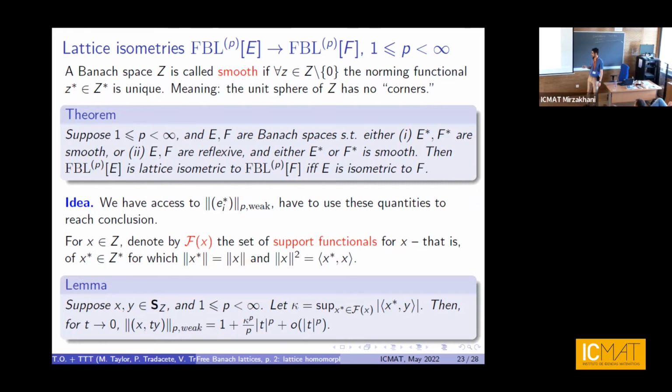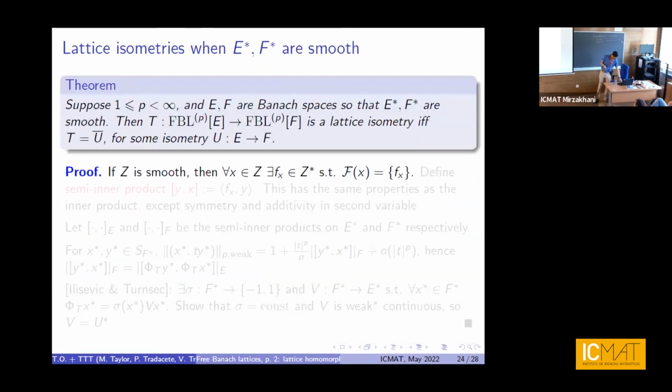Here x and y are elements of the unit sphere of Z. It turns out that we have this asymptotic behavior where kappa is the supremum of what you get when you test on y the supporting functionals for x.